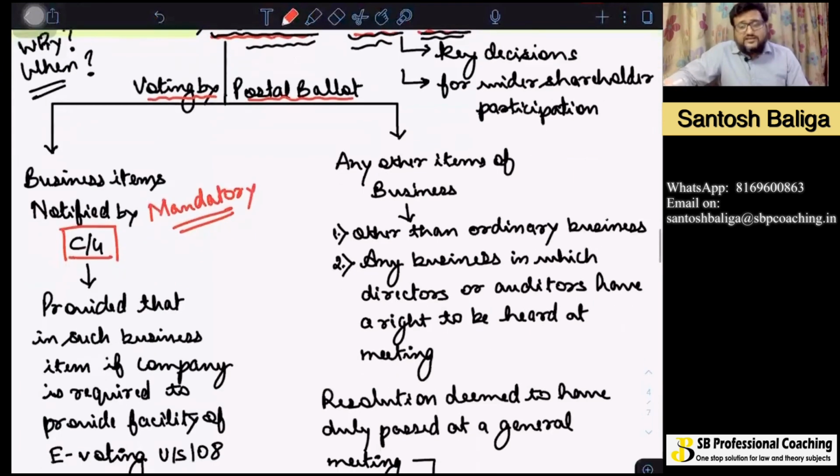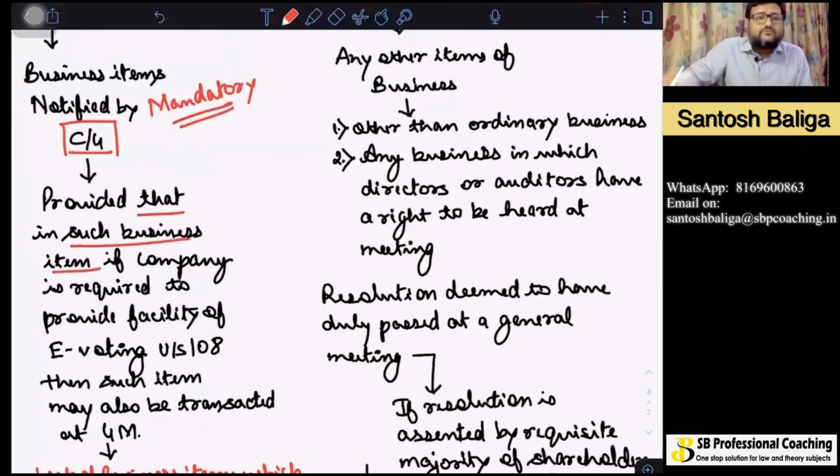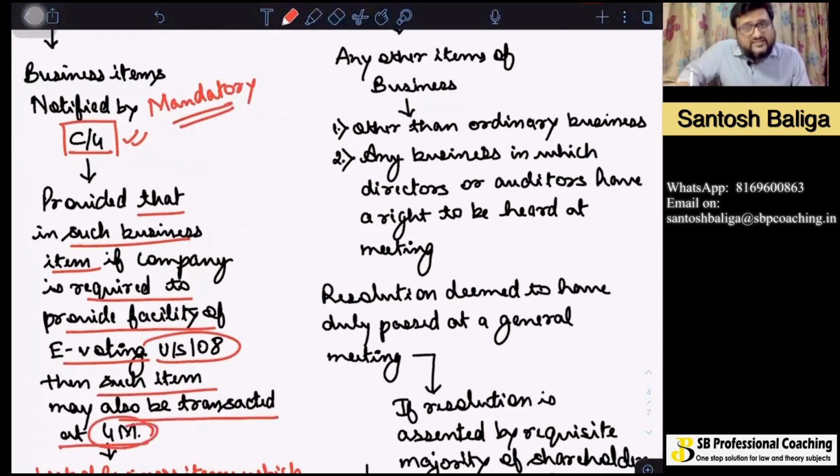Provided that if such a business item is notified by the central government, but the company is also required to provide electronic means of voting facility to its shareholders, in that case, postal ballot will not be required. So, provided that if the company is required to provide the facility of e-voting under section 108, then such an item may also be transacted at the general meeting itself, because we have seen the procedure of section 108 in our last lecture, where the company will give an e-voting facility.